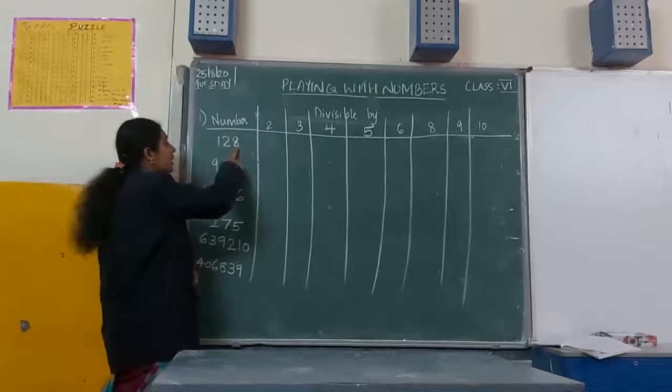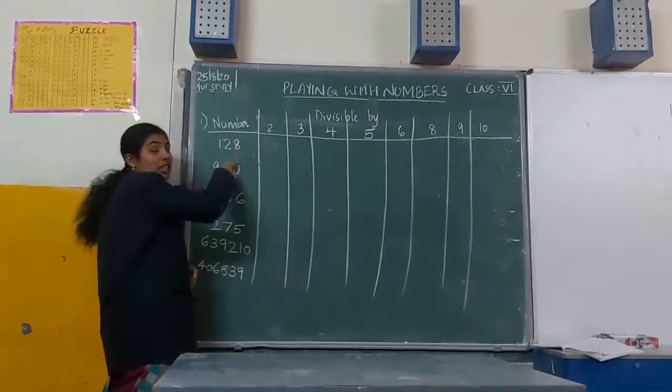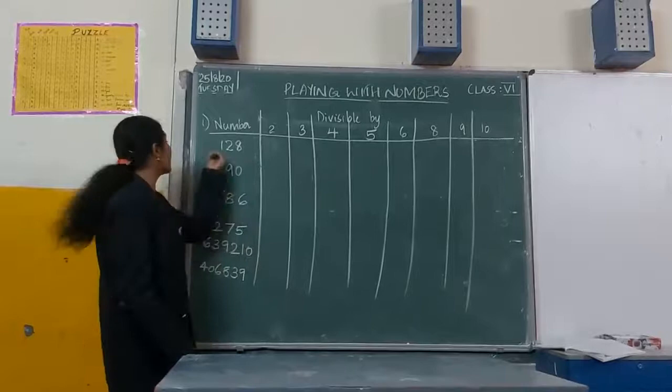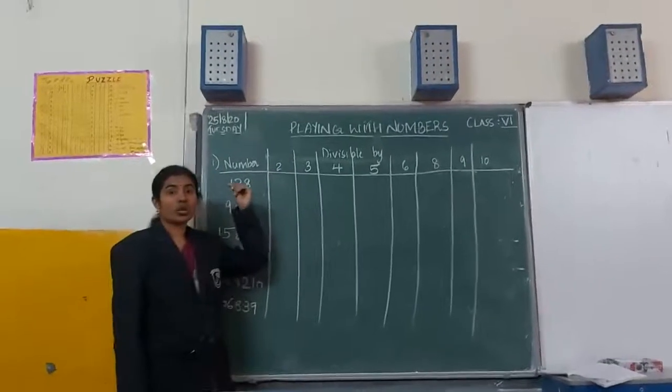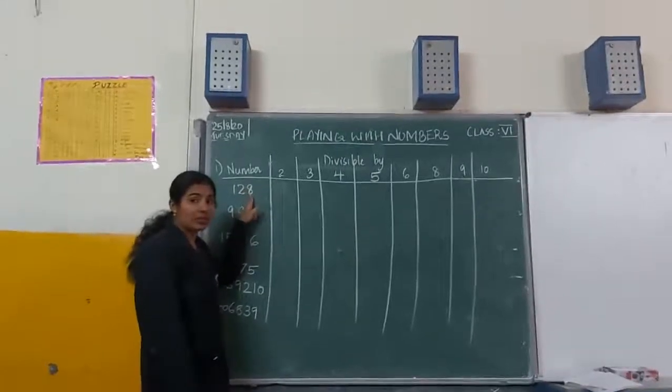What is that? 8. If you are getting 8, we can say 128 is also divisible by 2. So the rule is satisfied.